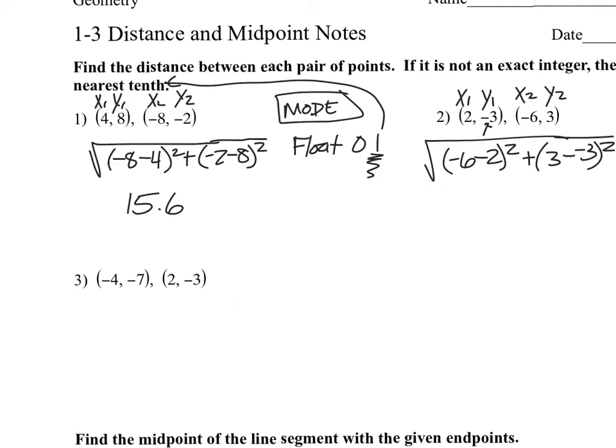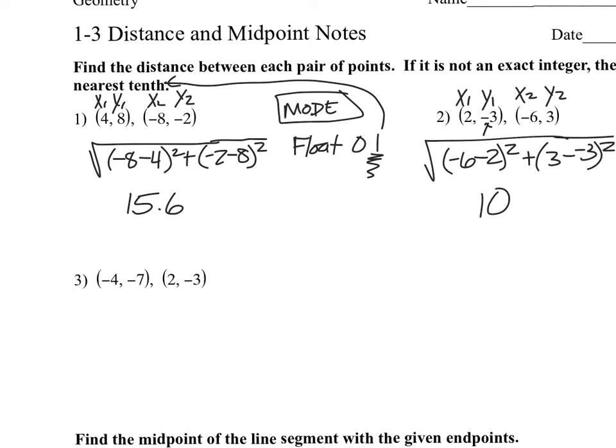The formula says minus, the negative does not replace that. So now we just type that in on the calculator. Square root, negative 6 minus 2 squared plus 3 minus negative 3, parentheses squared. This one comes out exact, I get 10.